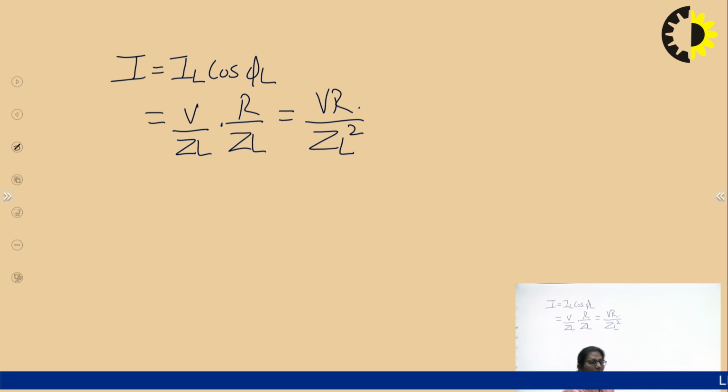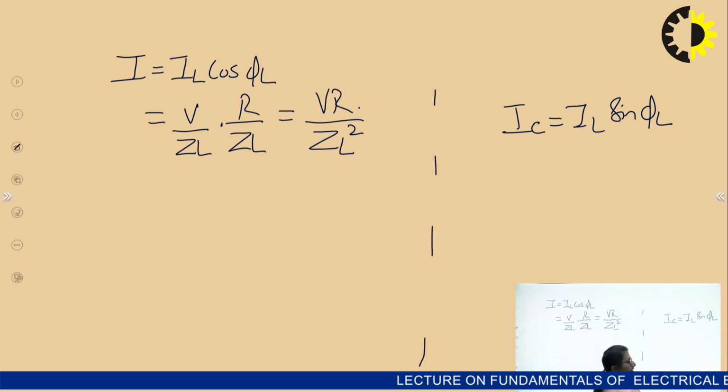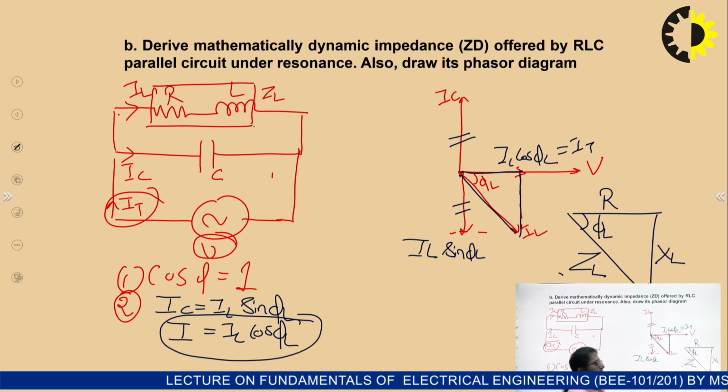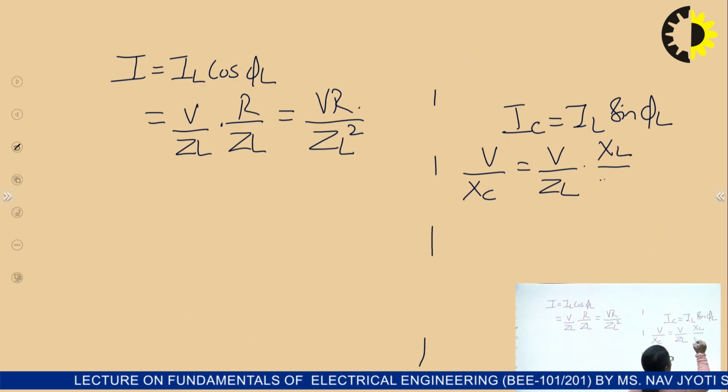And we have seen in the earlier case the condition that IC is equal to IL sin phi L. IC is given by V upon XC. IL is V upon ZL, and sin phi L is given by XL by ZL.